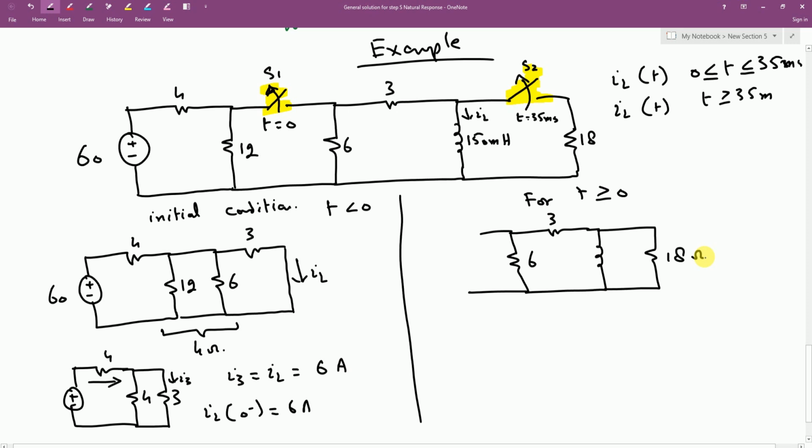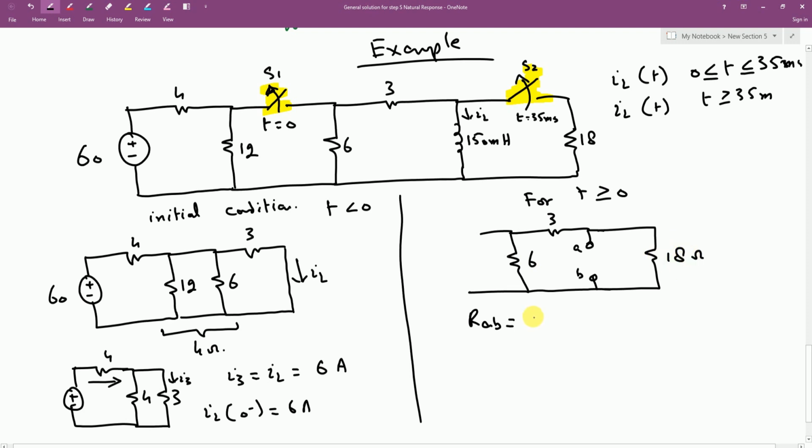To find out the equivalent resistance here, we will first of all remove this inductance from this particular circuit. When I remove this inductance, these are the two terminals A and B that provide us a way to find the Thevenin resistance, or the equivalent resistance, as seen from these two terminals. So for RAB, this 3 ohm and this 6 ohm resistance come in series, and they come in parallel with this 18 ohm resistance.